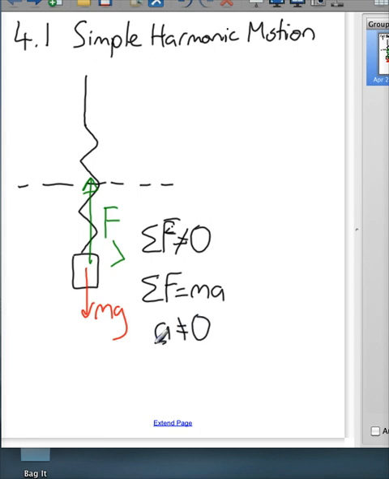The acceleration will be acting in the direction of the unbalanced force. And in this case, we have mg acting downwards, we have force acting upwards, and the force acting upwards is bigger than mg.